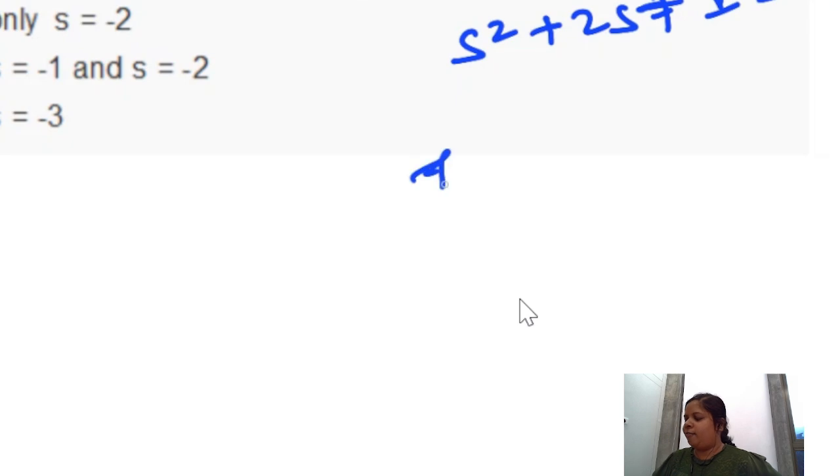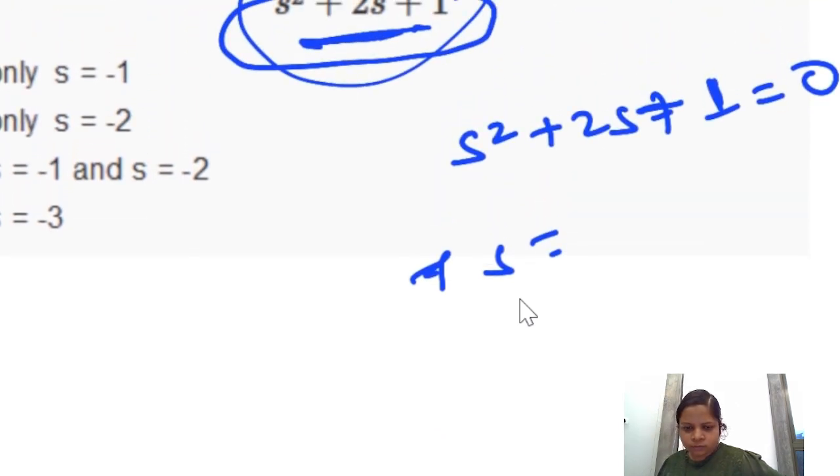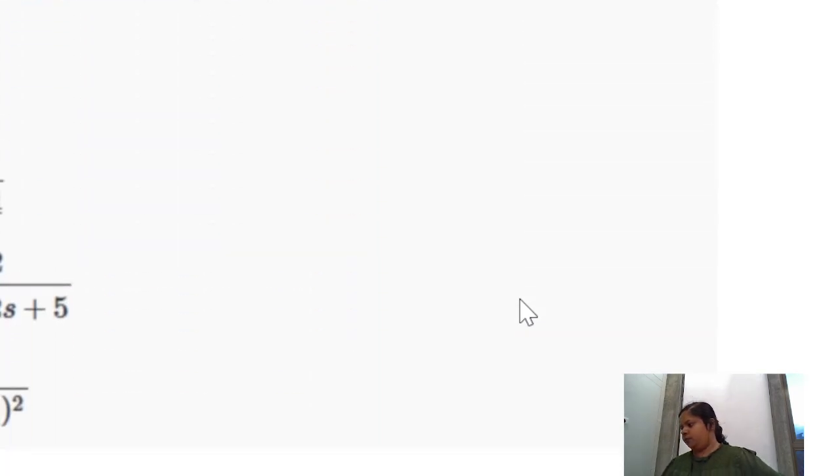So this is like finding the roots. s is equal to minus 1. So this is basically the root of the equation only. That is why.